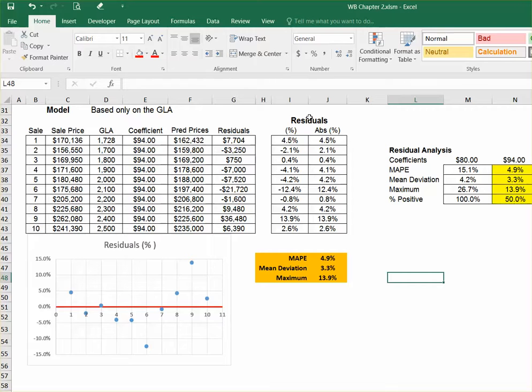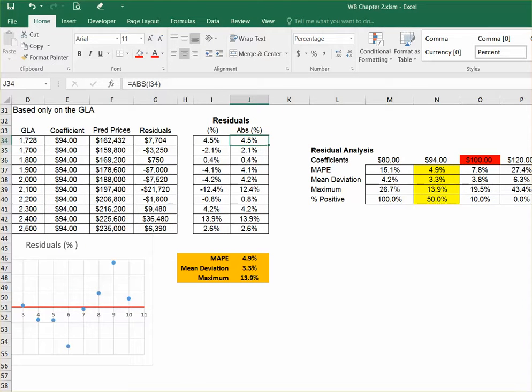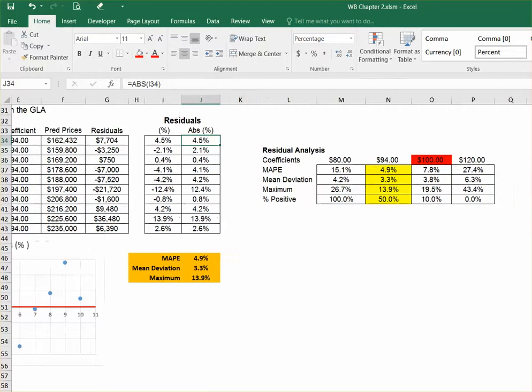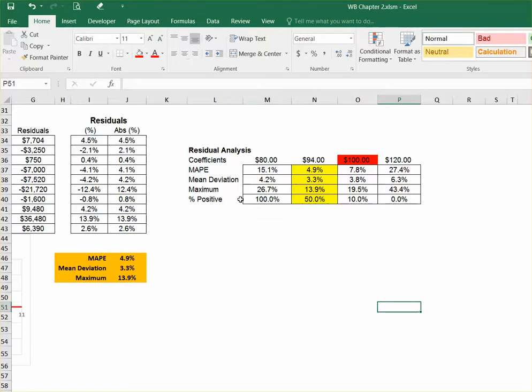We saw that we have residuals, and then we have them as a percentage and an absolute percentage, and we actually studied residuals analysis by looking at residuals on a chart, and also we put on a table the residual analysis based on four specific techniques, or I guess they'd be descriptive statistical techniques.